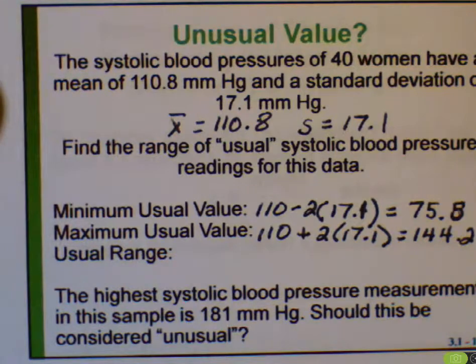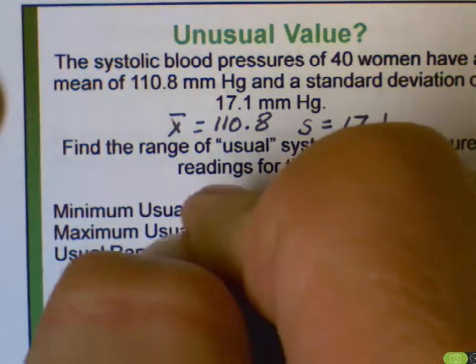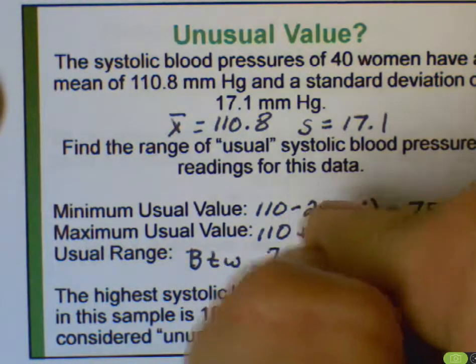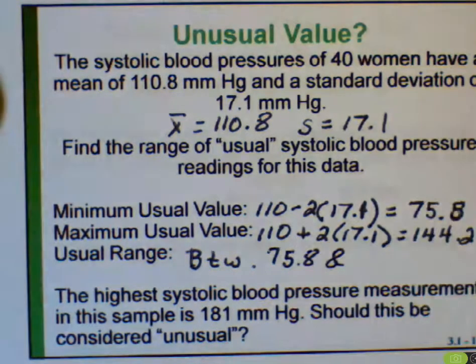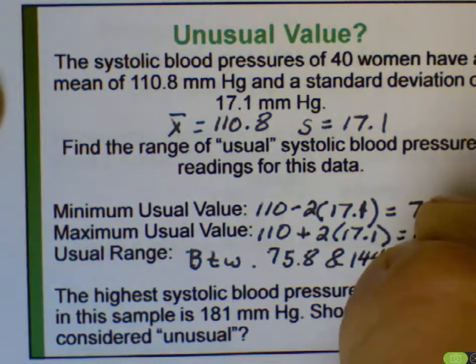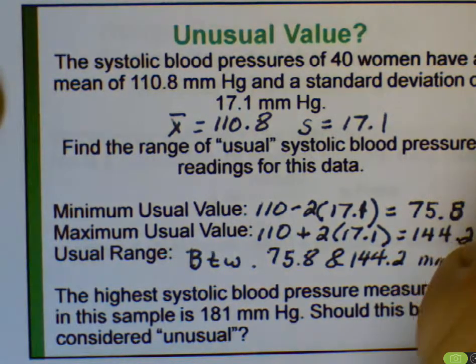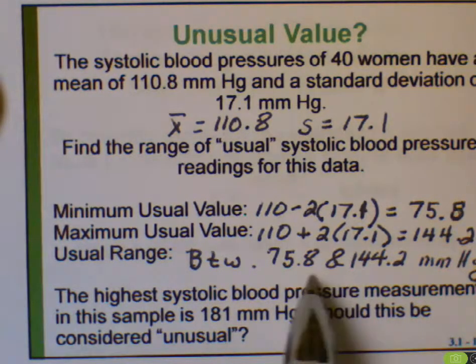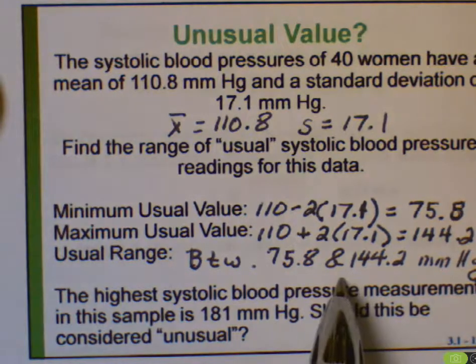So the usual range of blood pressures that we would not be surprised at, blood pressures we would not consider unusual, would be anything between 76.6 and 145 millimeters of mercury. That's what we're going to consider usual systolic blood pressure.